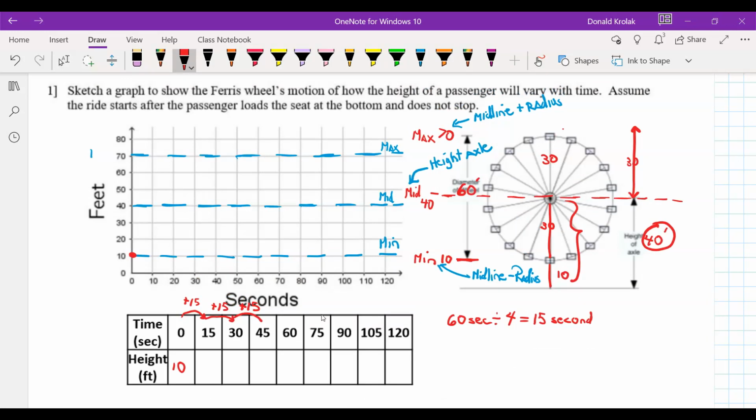All right, so at 0 seconds I started at the minimum. Okay, then let's say I'm rotating clockwise. We're going this way. Then 15 seconds from then, at 15 seconds, I'm going to be at 40 feet.